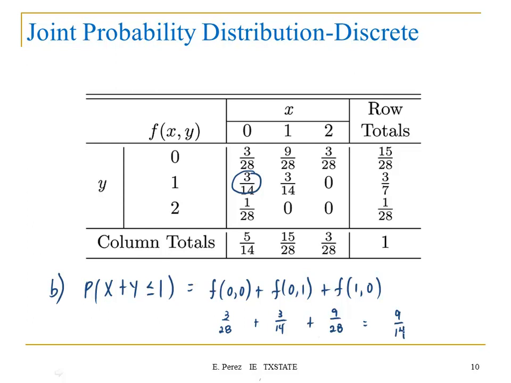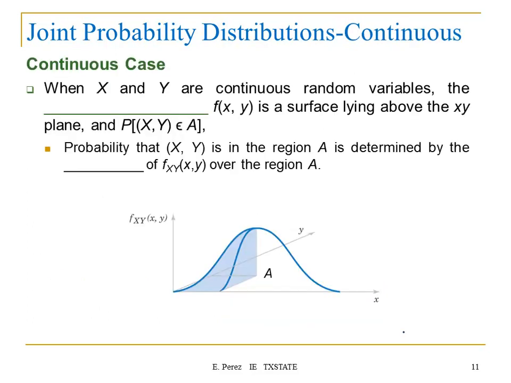So let's transition to the continuous case. For the continuous case, when X and Y are continuous random variables, the joint density function f of X and Y is the surface lying above the X and Y plane. So now we're looking at a 3D environment.